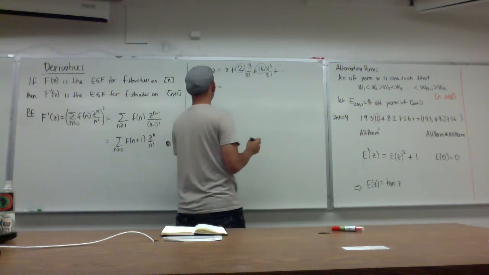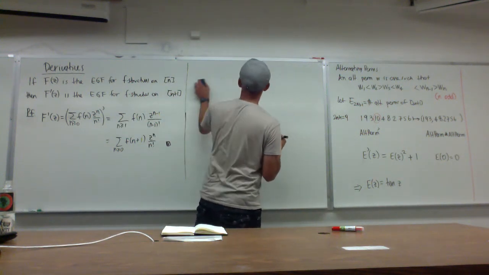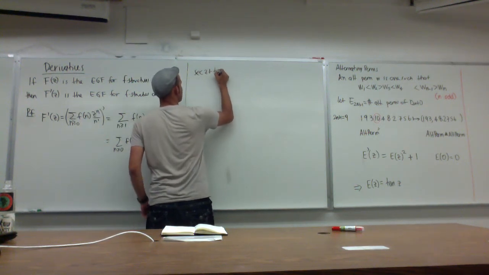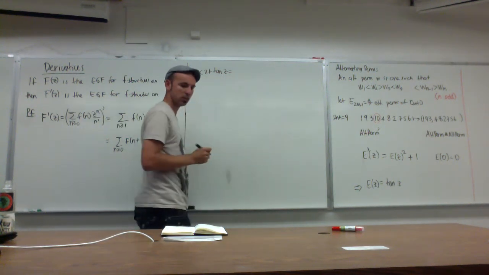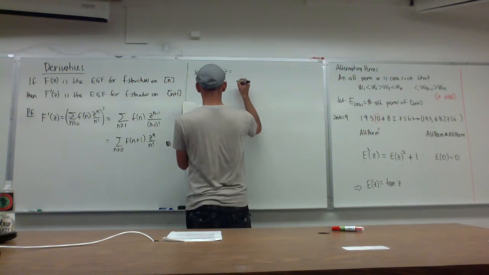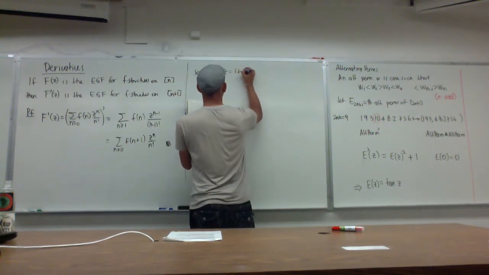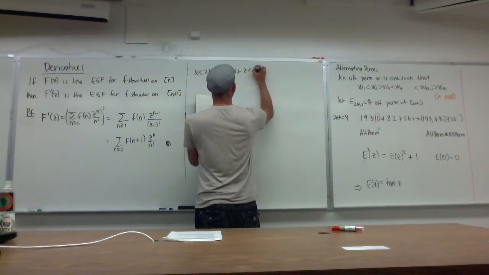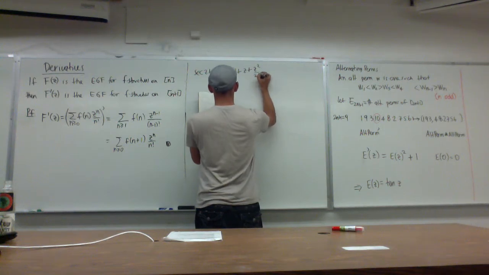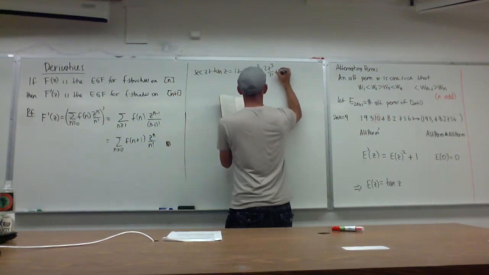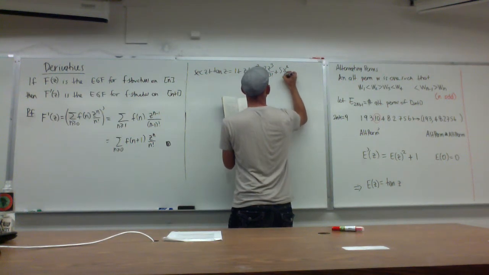In other words, let me just write the whole series. Secant plus tangent: 1 plus z plus z squared over 2 factorial plus 2z cubed over 3 factorial plus 5z to the 4th over 4 factorial.